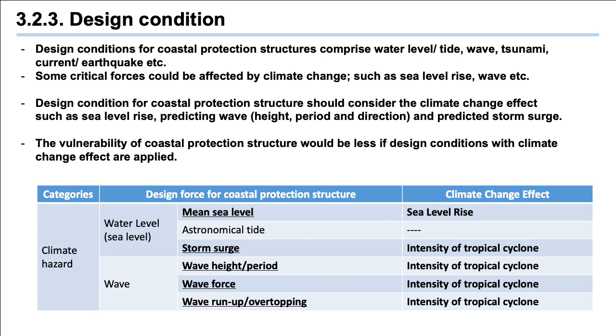The conditions for coastal protection structure should consider the climate change effect, such as sea level rise, predicting wave height, wave period and directions, and predicting storm surge. The vulnerability of coastal protection structure would be less if design conditions with climate change effect are applied.